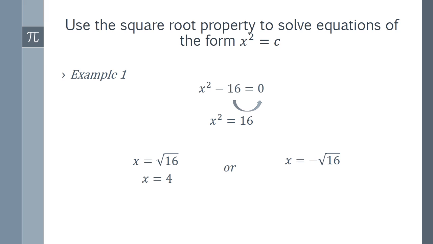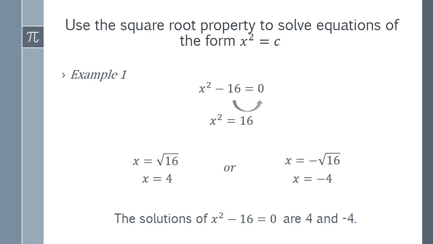And the other one, x equals negative square root of 16, so it's going to be x equals negative 4. As with the factor method, we find that the solutions of x squared minus 16 equals 0 are 4 and negative 4.